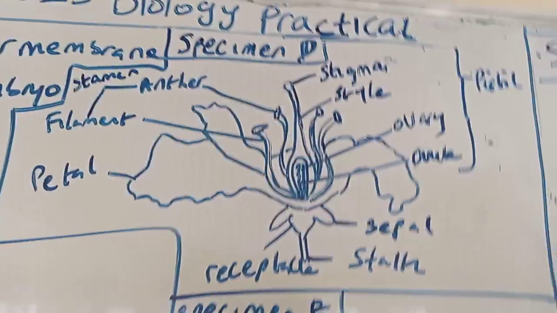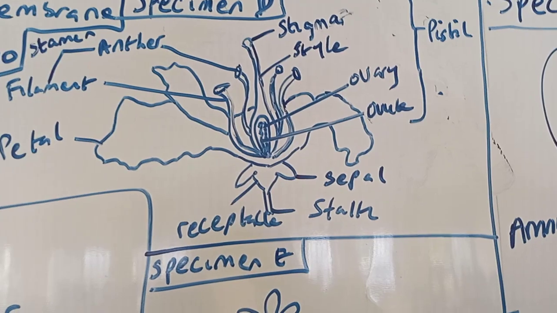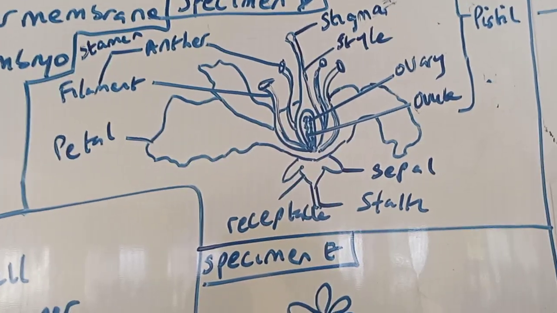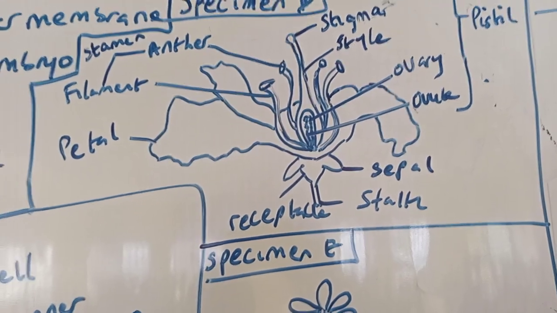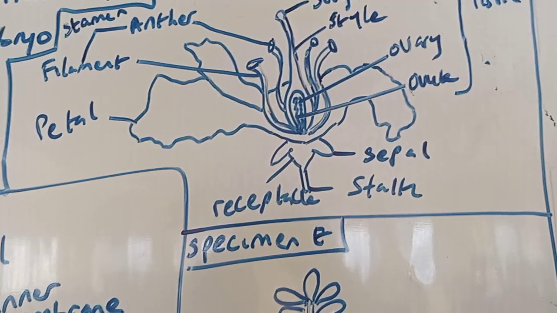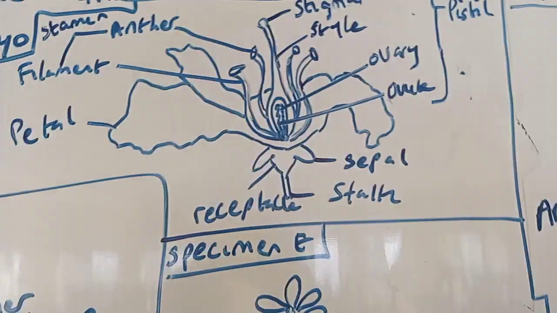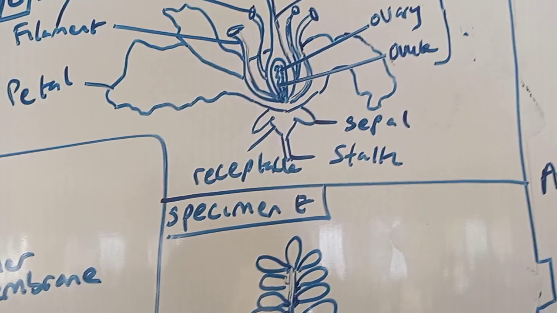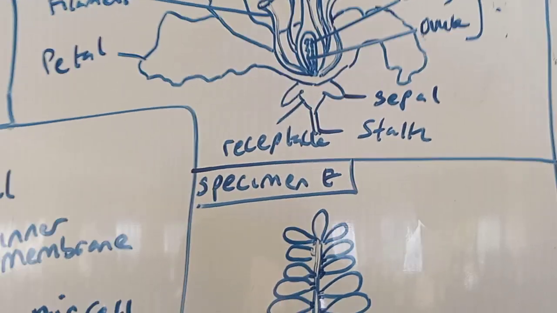So quickly, I am going to talk about the functions. The stigma receives the pollen grain from the anther. The style is the tunnel through which the pollen grain travels. The ovary receives the pollen grain, while the ovule is where fertilization occurs. The sepal protects the petal in its infancy and also aids in photosynthesis because it's green.